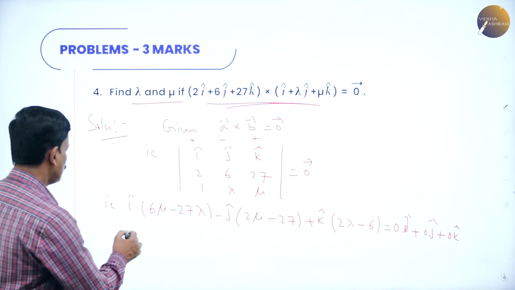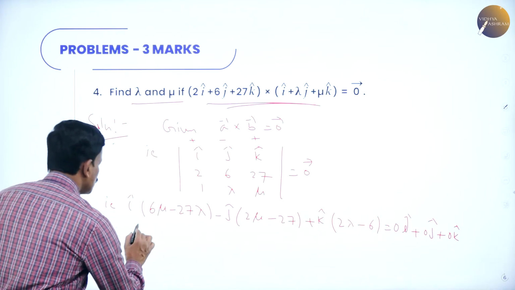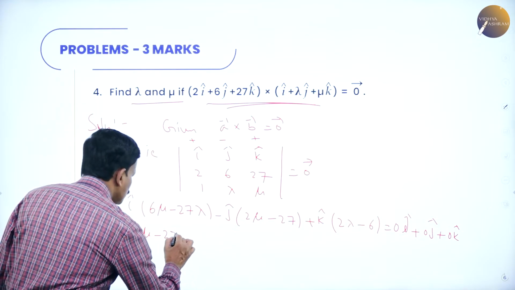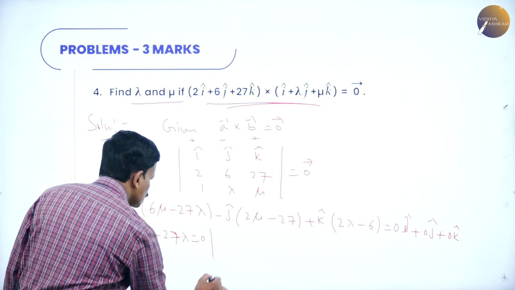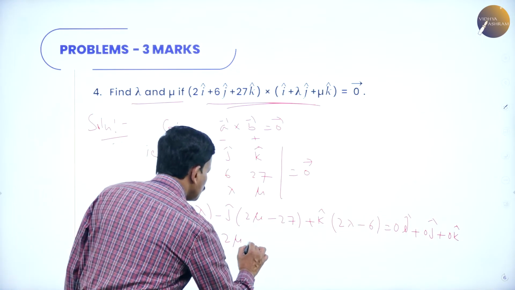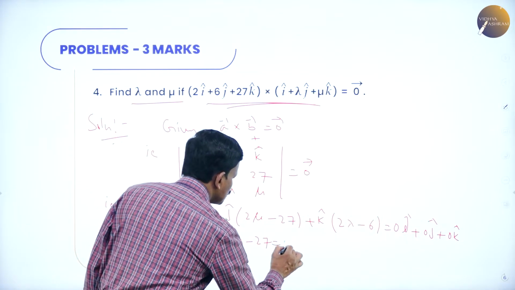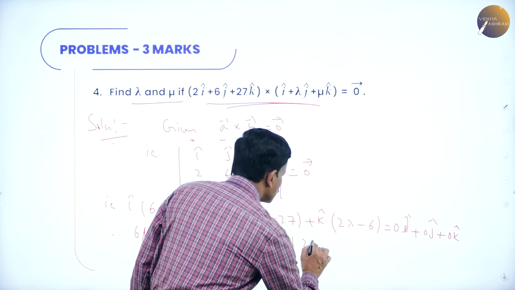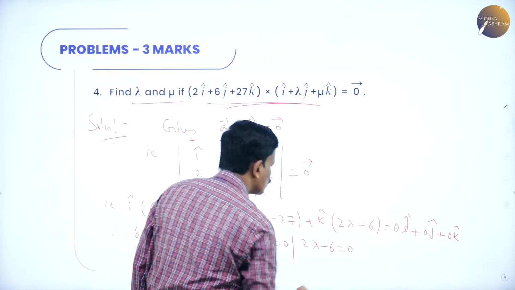So therefore this can be written as 6 mu minus 27 lambda is equal to 0, or this one, 2 mu minus 27 is also equal to 0. If I multiply by a negative sign, that becomes positive. Similarly, 2 lambda minus 6 is equal to 0.